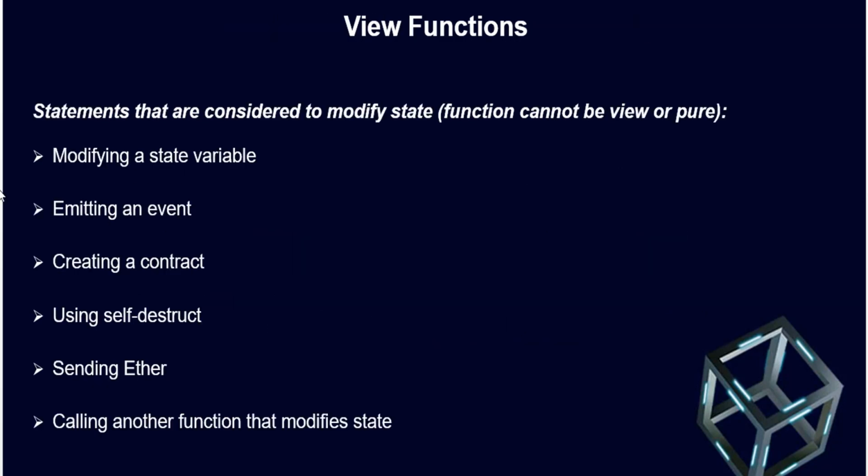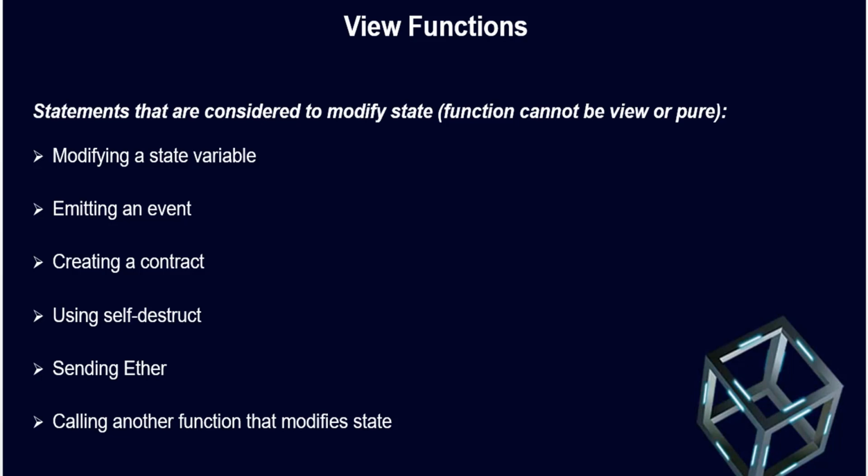Now we take a look at view and pure functions. View functions can only read from state, but they are not allowed to modify the state. So what does it mean to modify state? Well, the state is modified whenever you modify a state variable, but also when you emit an event, because whenever you emit an event, some data is added to the log associated to a smart contract.